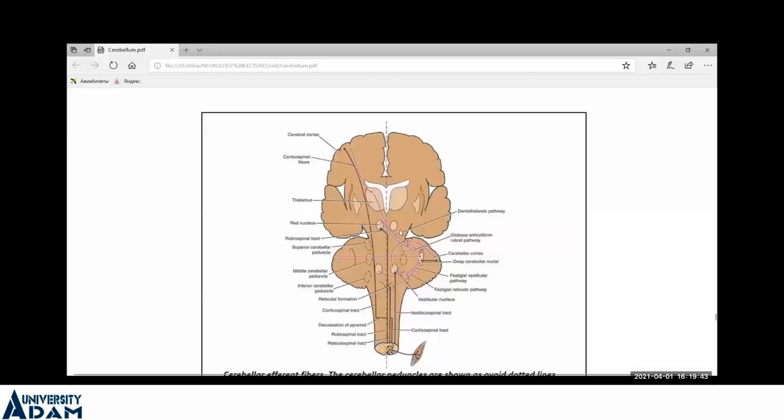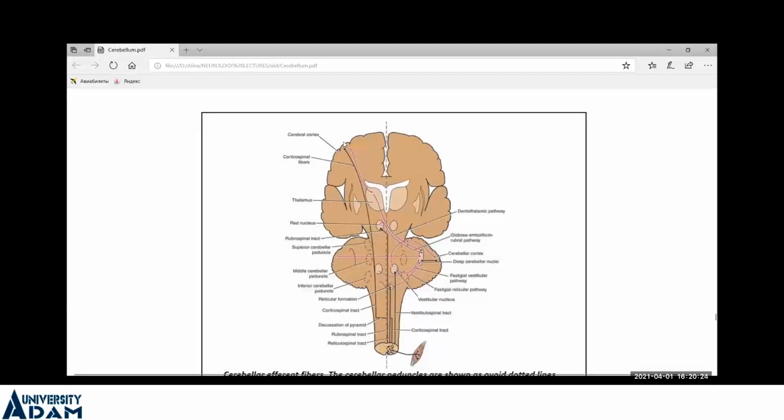Its origin is in the dentate nuclei. And guys, this dentatothalamic pathway goes to the ventrolateral nucleus of the thalamus, okay? Then to the contralateral motor cerebral cortex.